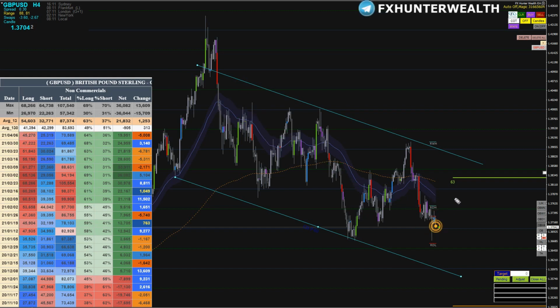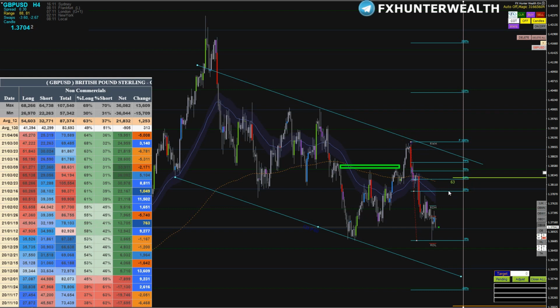So smaller pullback, maybe. Why I will not wait for the pullback here is because this liquidity zone in here was already cleared, right? So right now what I would need is just a small pullback, right? So something like this.